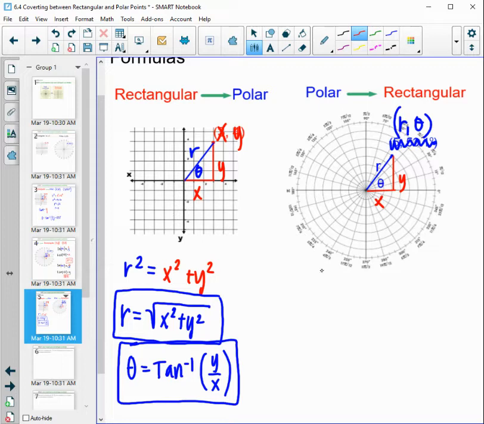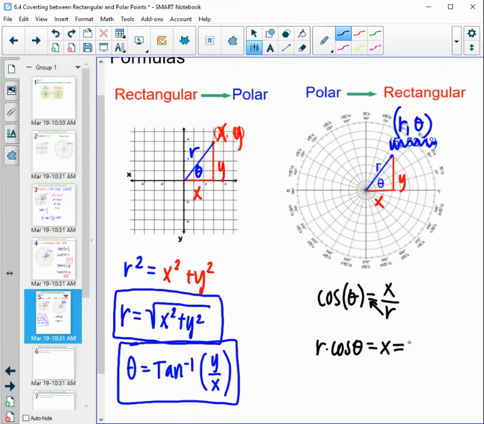So when we go to solve for x, remember that we set up a cosine function. So you have cosine of theta equal to x over r. Remembering that you know the theta and the r, you multiplied the r up. So you got r times cosine of theta equals x. So here is your formula for finding x: x equals r times cosine of theta.